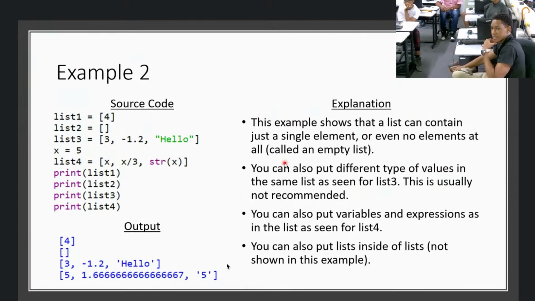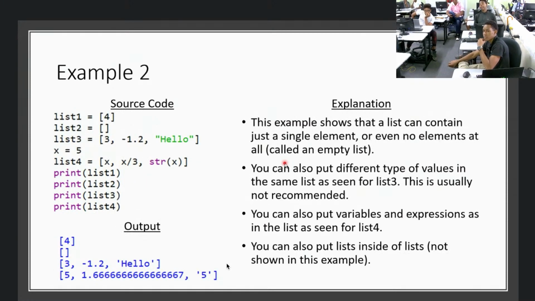So let's create another set of lists. We have list 1 equals just a value of 4 inside of our list. List 2 is the empty list. List 3 is 3, minus 1.2, and the string hello. We're going to create a variable and say x is equal to 5. Then list 4 is equal to x divided by 3 and the string of x.